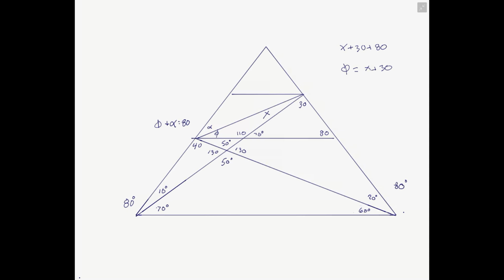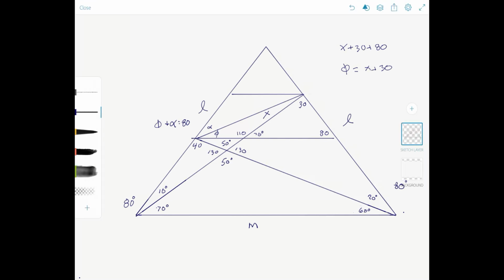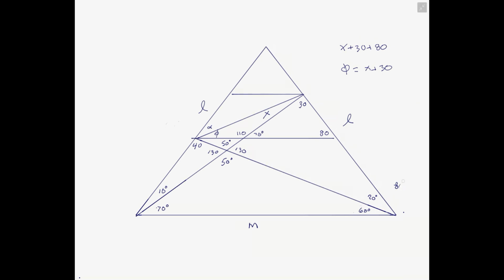There's no similar angle. I'm going to make this a little more clear. That's an alpha. And to me, it wasn't obvious that we had similar triangles. And yet that's the way he approaches it.